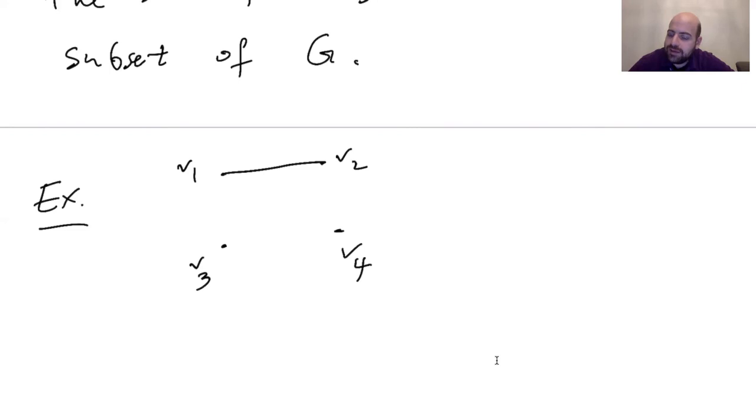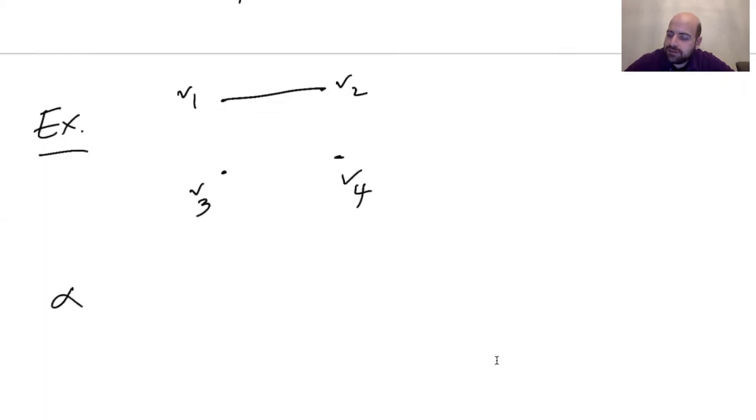So what is alpha of G here? This is my G. Alpha of G is the size of the largest independent set. Obviously the whole graph V1, V2, V3, V4 is not an independent set because there is an edge between V1 and V2.